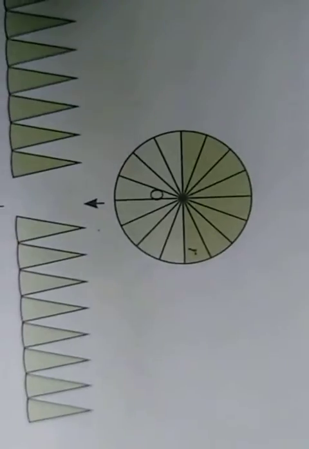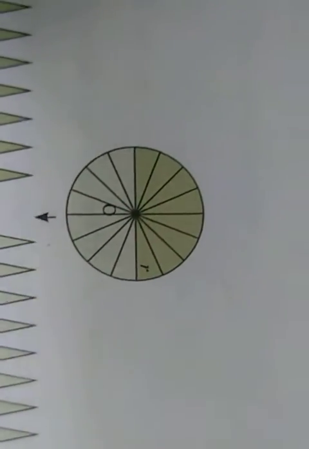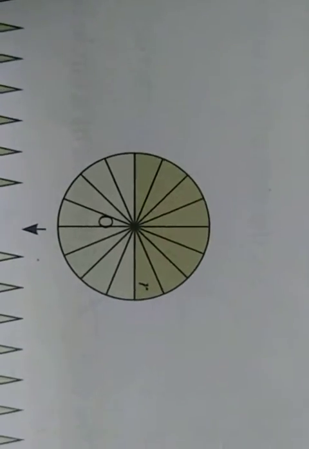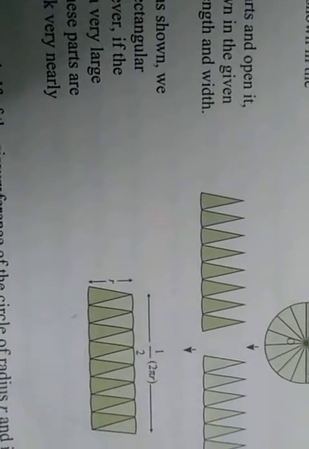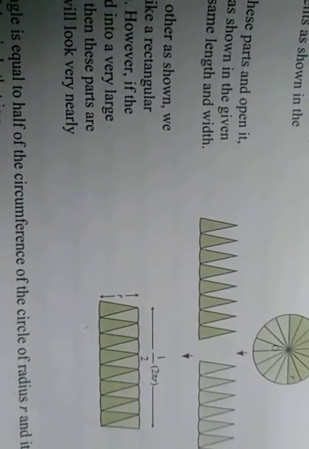You will divide the circle into how many segments? Here a total of 16 equal segments, as shown in the adjoining figure.